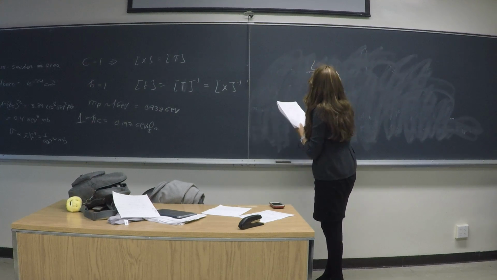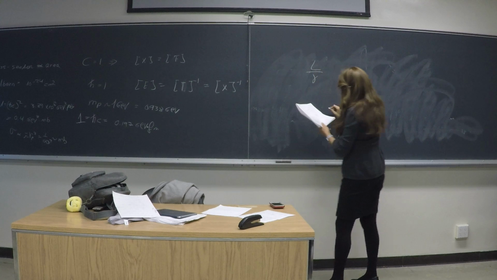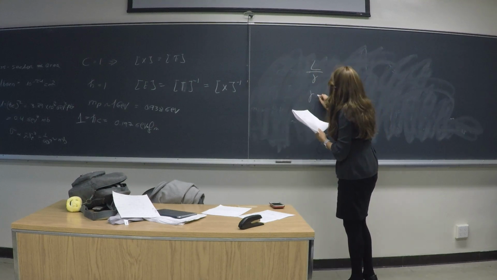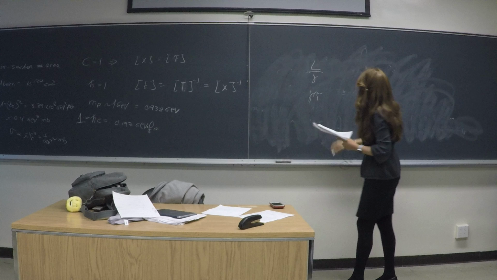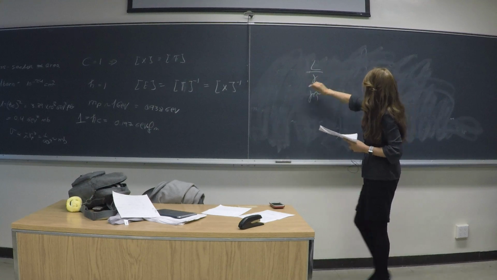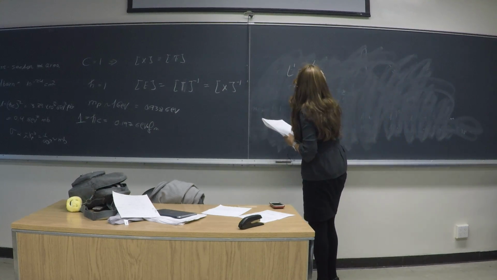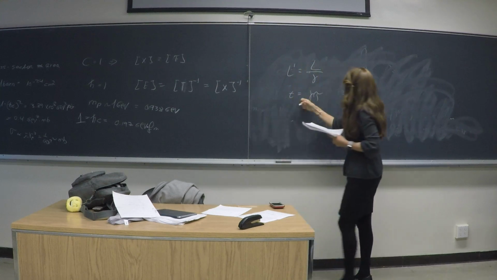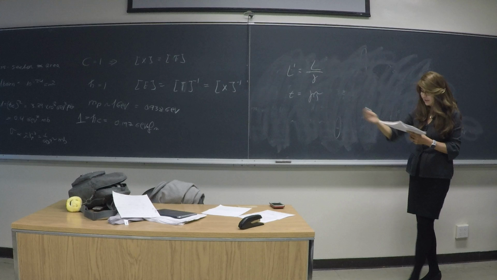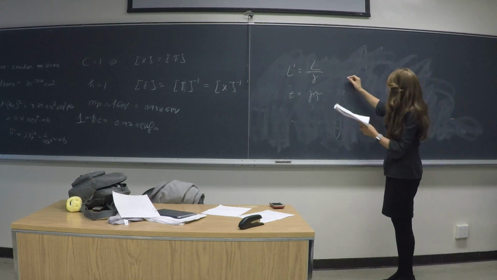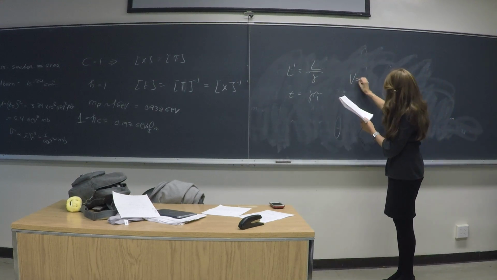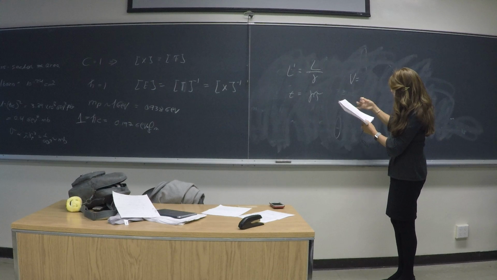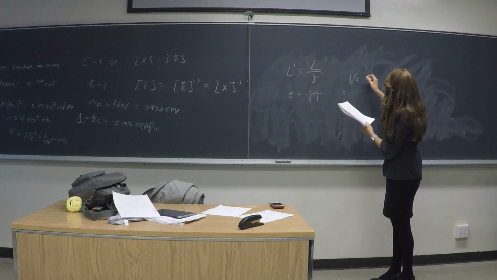So we have length contraction, and we have time dilation, right? So the proper distance is decreasing, and the proper time is increasing. Looks like it's dilated. And the last formula I want to show you is the velocity when we add two reference frames.